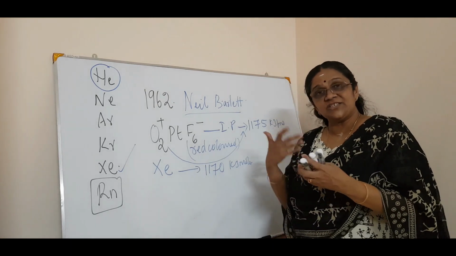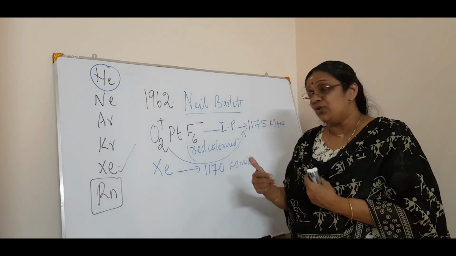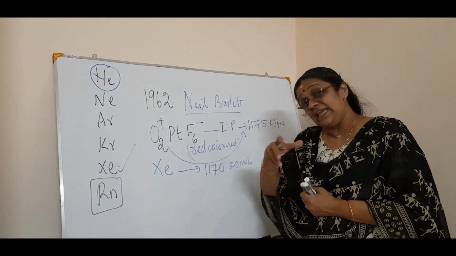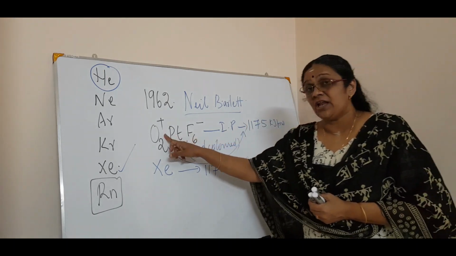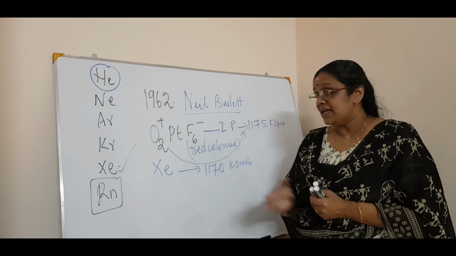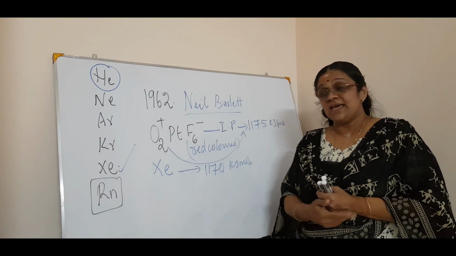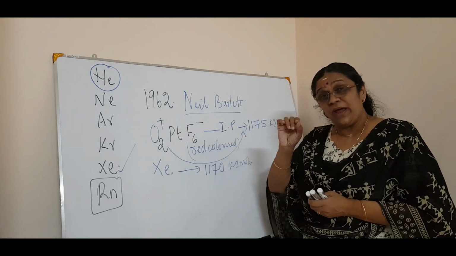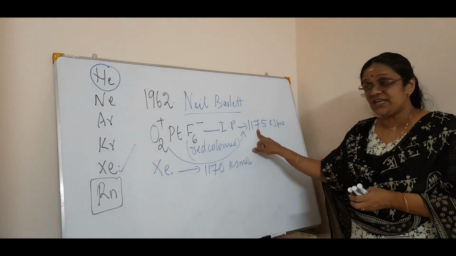So from all his research, he made a red colored compound like this, and analyzed that the ionization potential of molecular oxygen is 1175 kilojoule per mole. And by studying the noble gases, he found that xenon has an ionization potential very near, almost the same as oxygen.